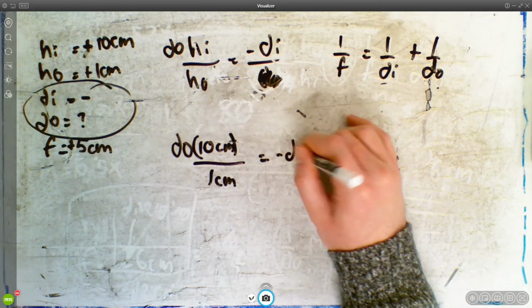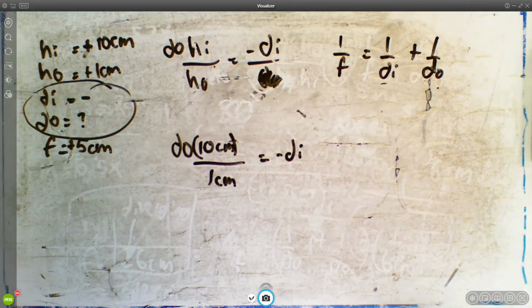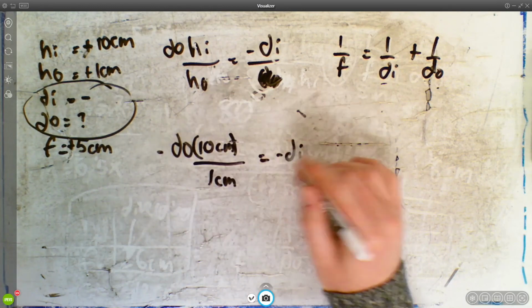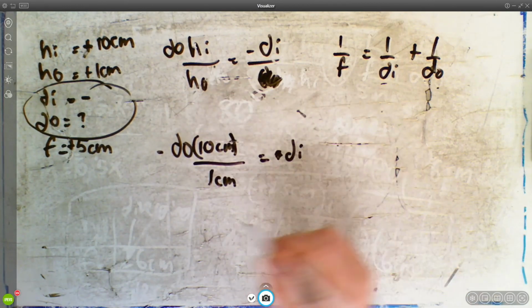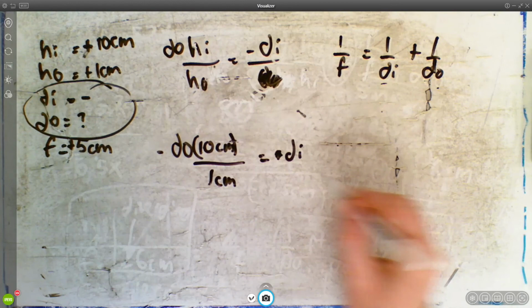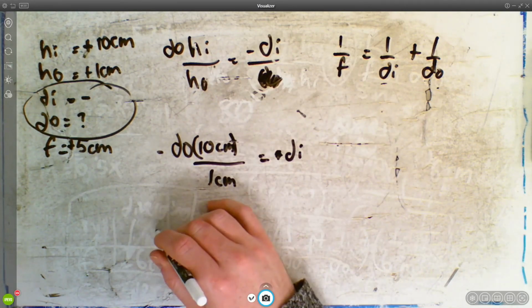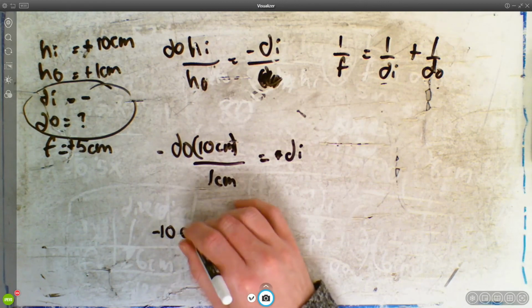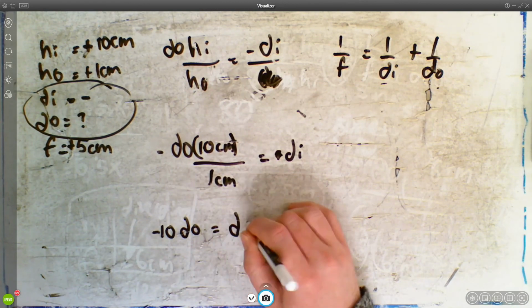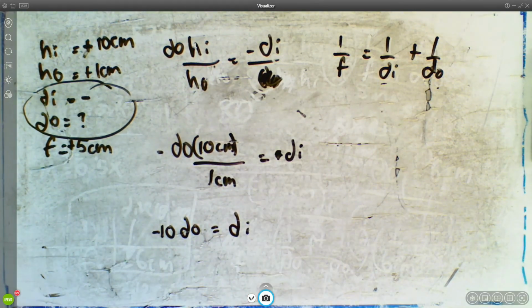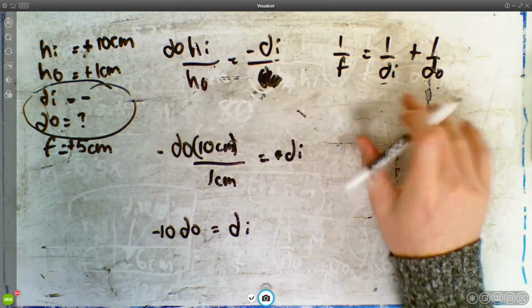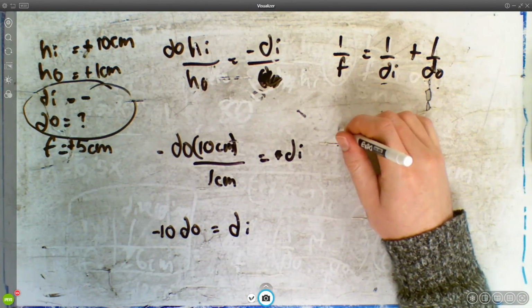And that equals negative die over dou, right? I'm just going to move the negative over here. So what this tells us, if I just solve for this, is negative 10 dou is equal to die. So we can use this now, and we can insert that into this equation.